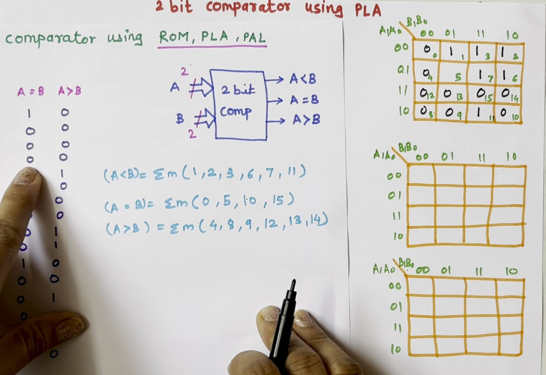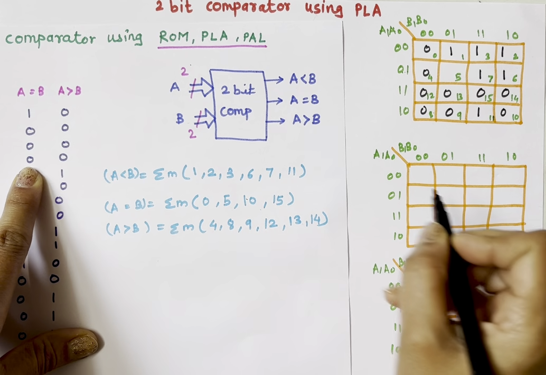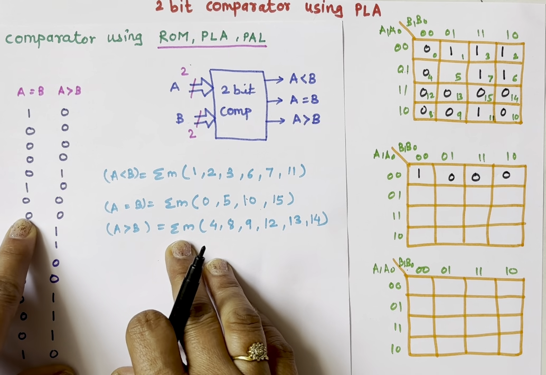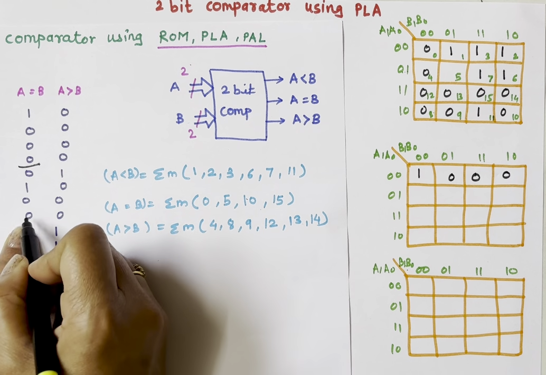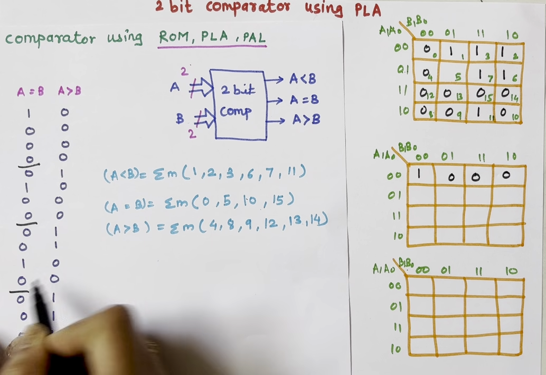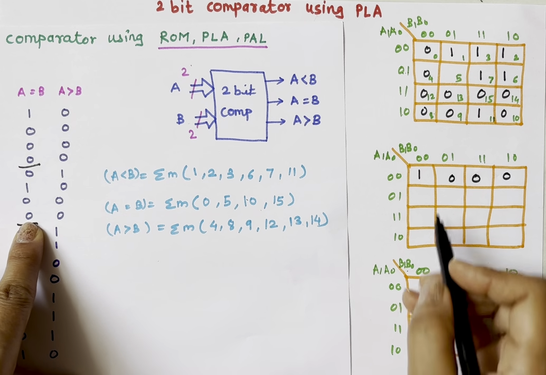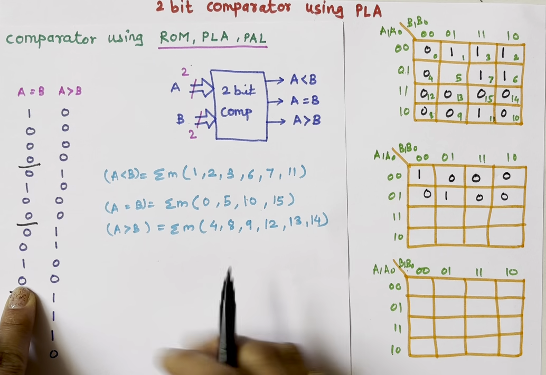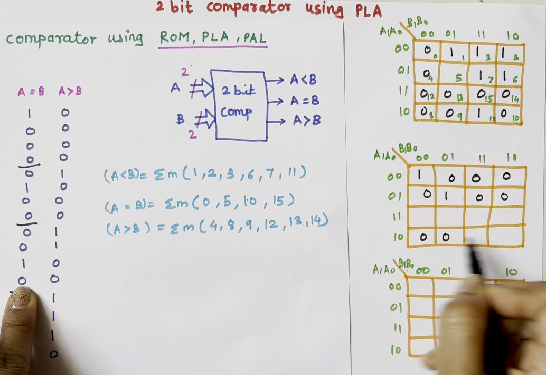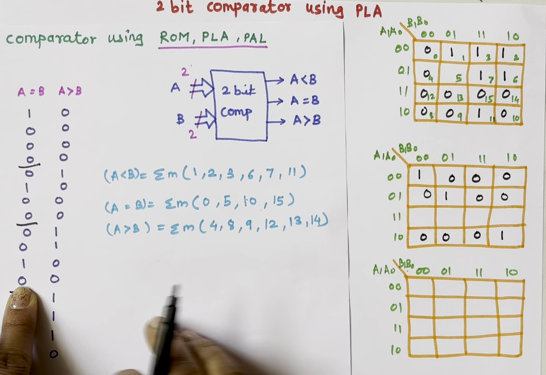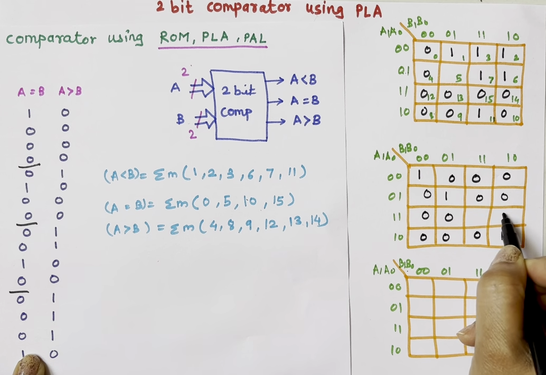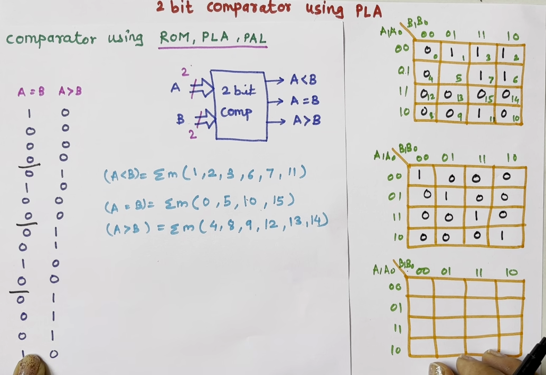So for A equals to B, I'm writing the first 4 as 1, 0, 0, 0. I'll make groups of 4. Then 0, 1, 0, 0, 0, 1, 0, 0. Then 0, 0, 1, 0, 0, 0, 1, 0. And then 0, 0, 1, 0, 0, 0, 1.